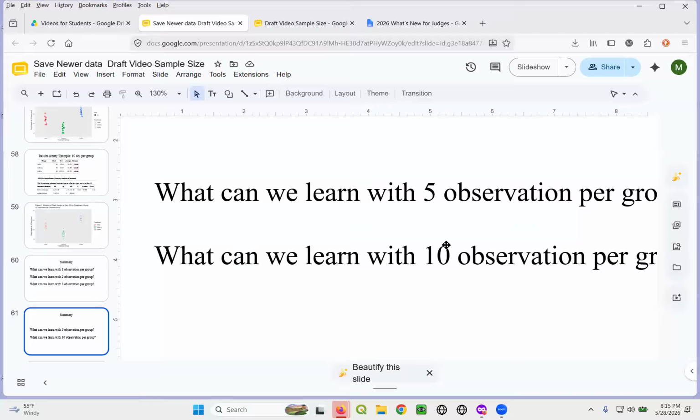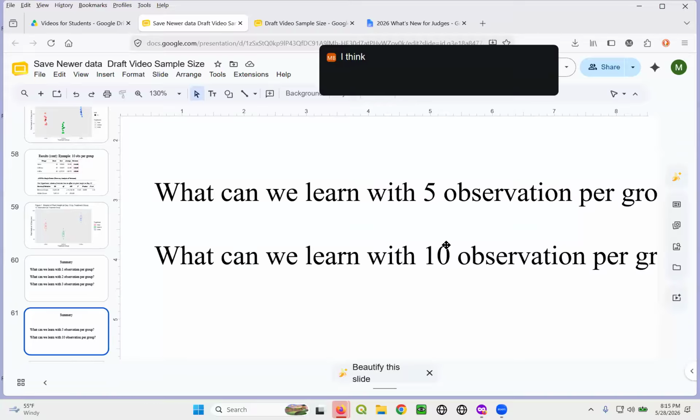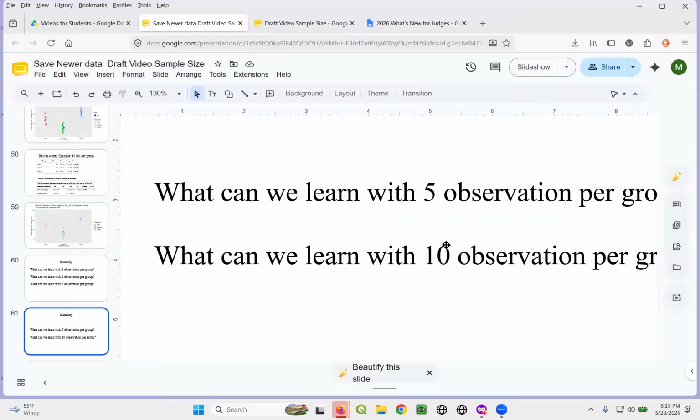I think it's cleaner for me to make another data set where we're just barely significant at n equals 10. I think that's fair.